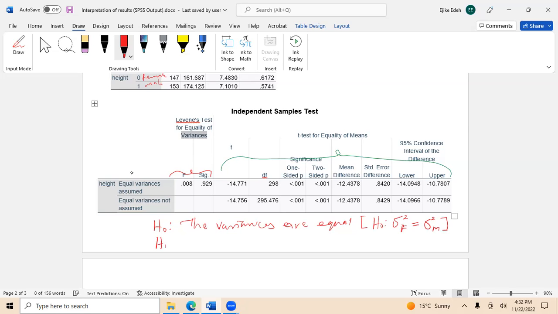The alternative hypothesis for Levene's test, we state that the variances are not equal. Okay, so symbolically, this would be written as H1 is such that the variance of female is not equal to the variance for male.